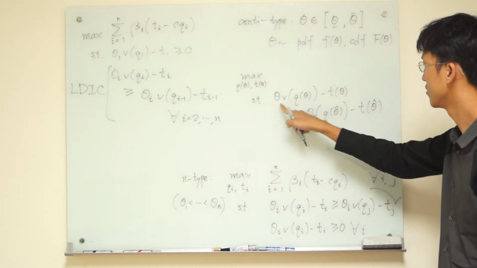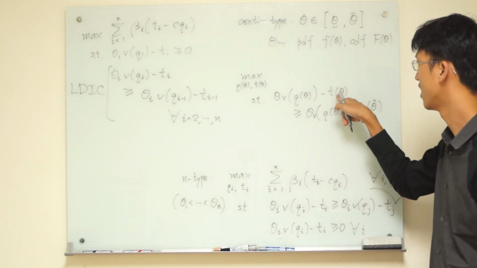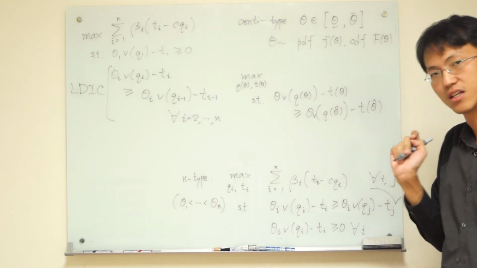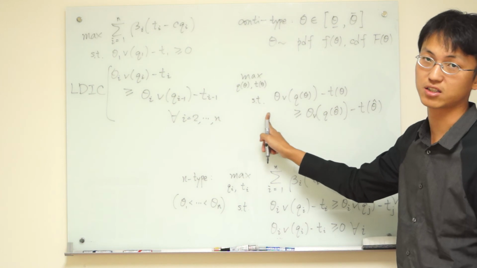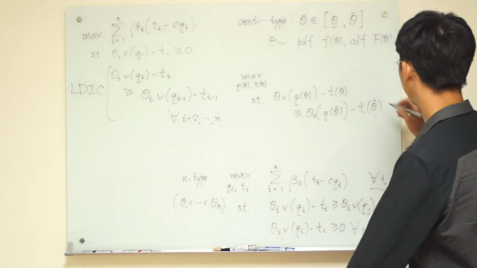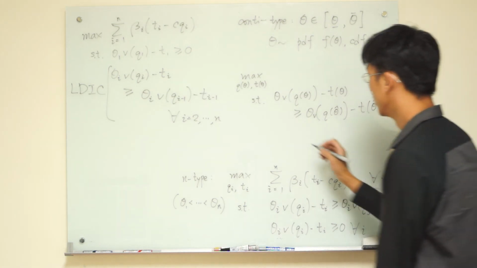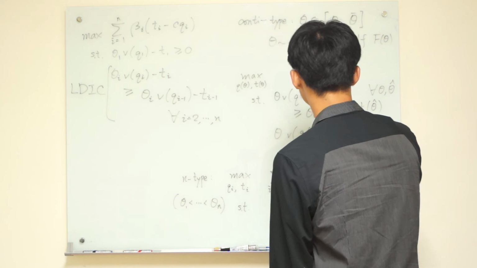But now he may choose another contract by pretending to be theta hat. In that case, we need to make sure that lying is not better than telling the truth for all possible theta and theta hat. But similarly, telling the truth earns something.